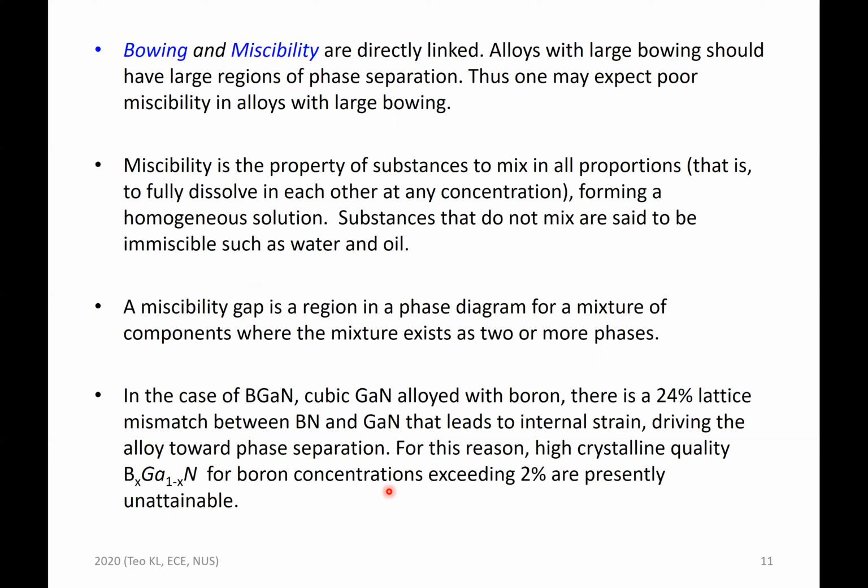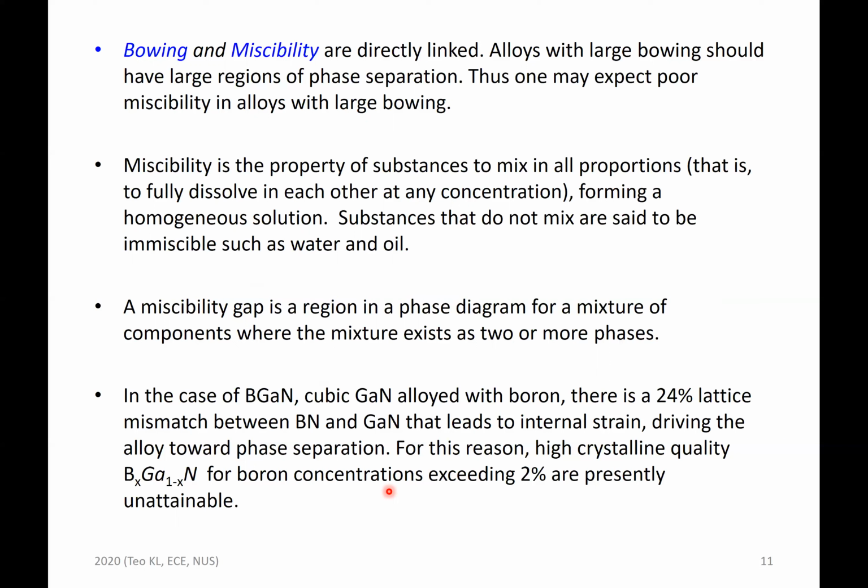And such a dislocation sometimes may also cause phase separation. So in boron gallium nitride, sometimes you will cause some clustering of boron nitride and some cluster of gallium nitride. So it does not form a homogeneous boron gallium nitride alloy.